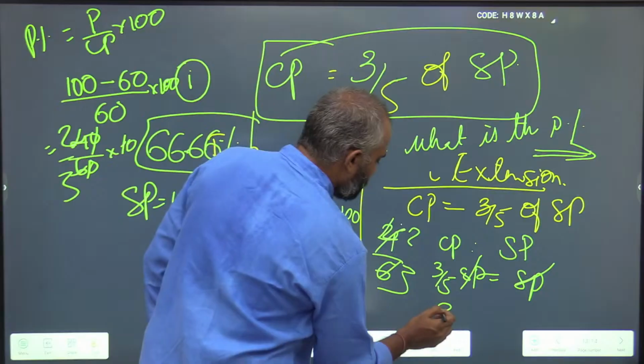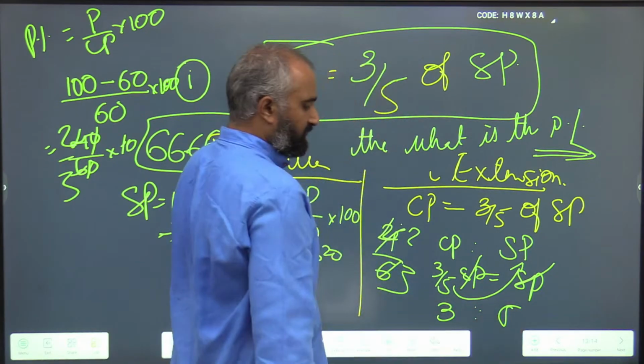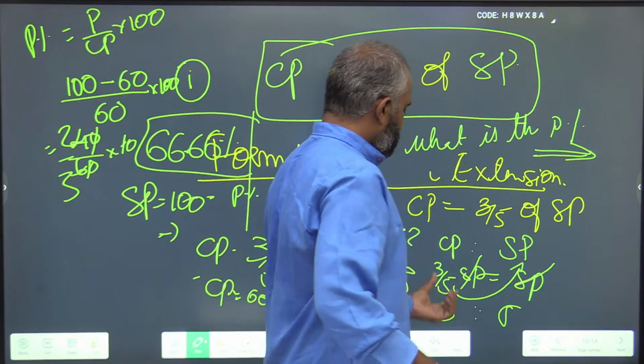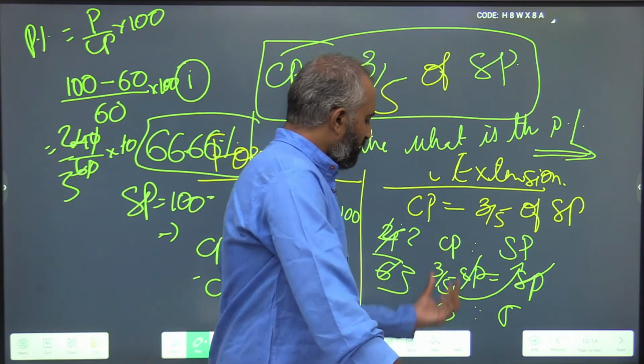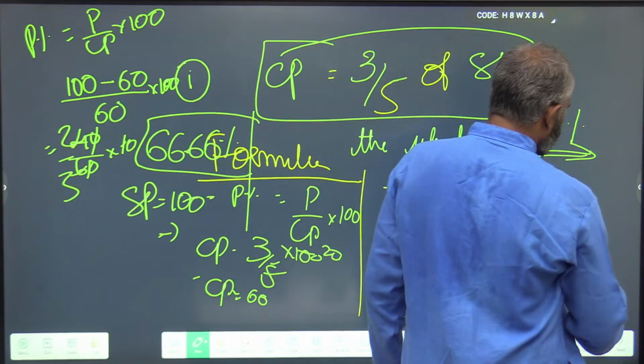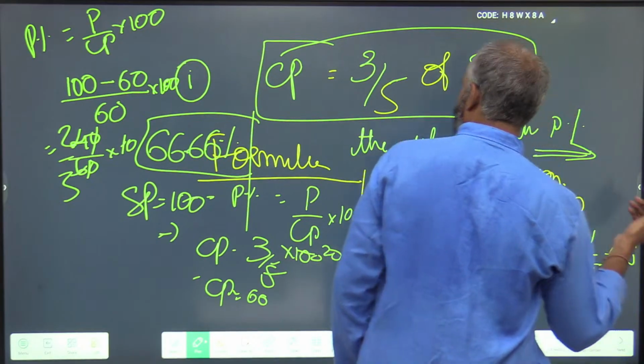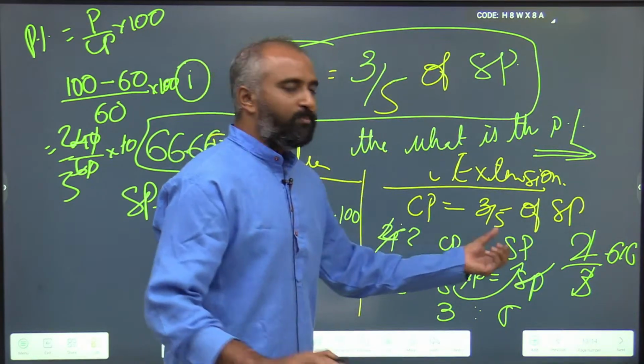What will this become? This denominator will go here: 3:5. So what is the change? You have bought for 3 rupees, you have sold for 5 rupees. So the profit is 2 and the cost price is 3. 2 by 3 is nothing but 66.66%. You see how simple this is.